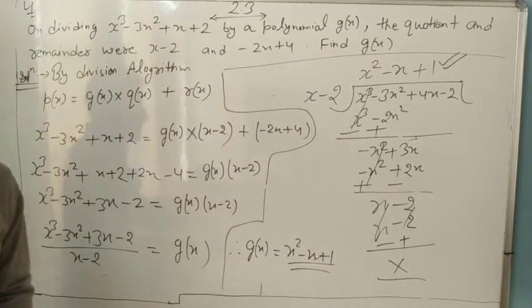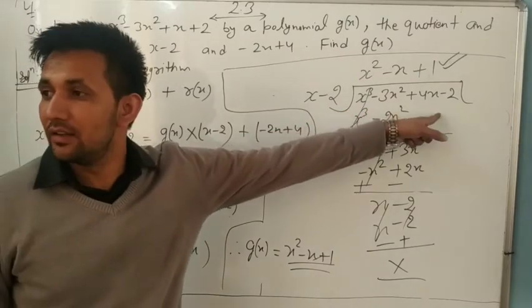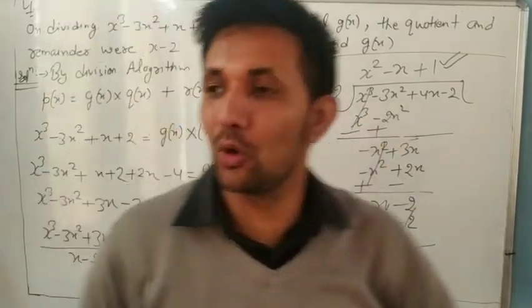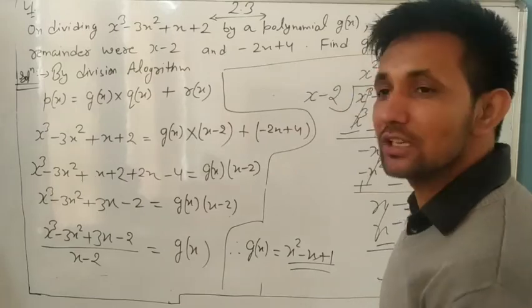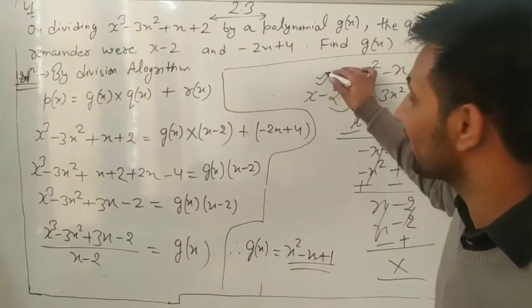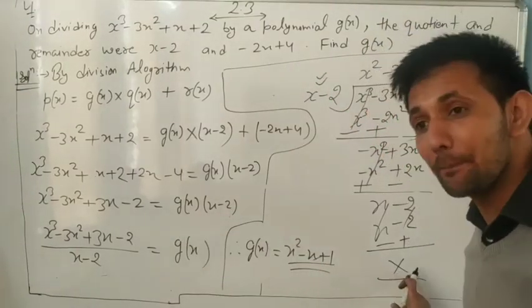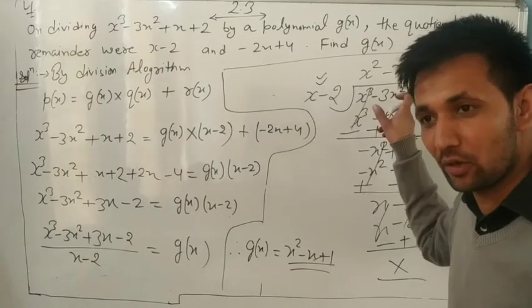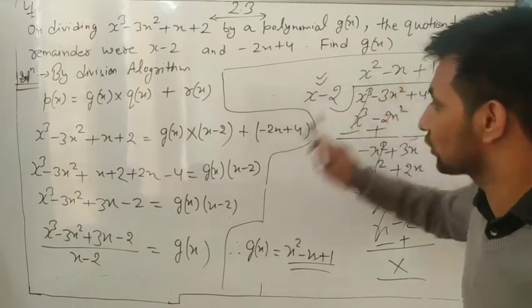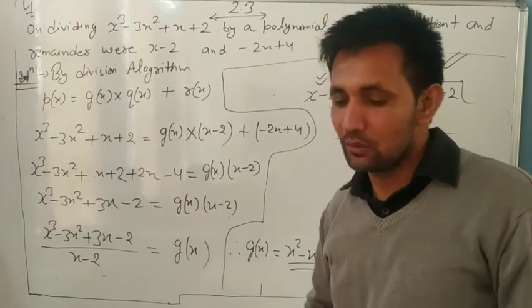Understand or not? If I ask you what is the factor of x cube minus 3x square plus 4x minus 2, x minus 2 is a factor because we are dividing completely, and what we got is also a factor. Okay, so note it down.